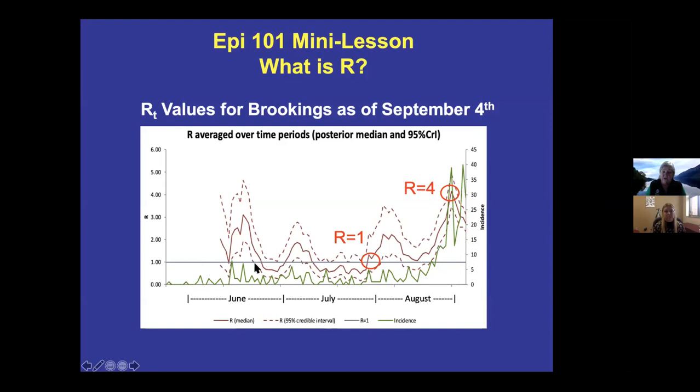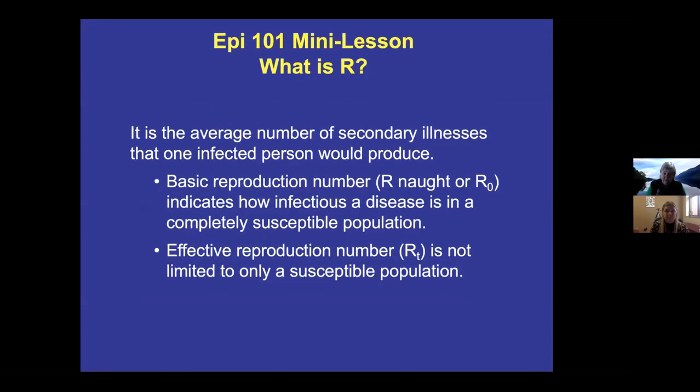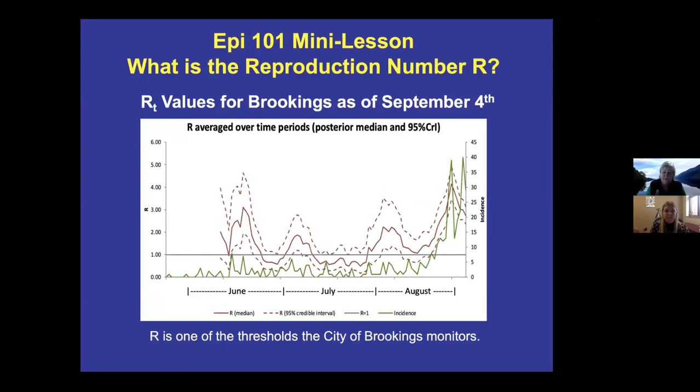The dashed lines are the confidence intervals around that R, because R is estimated from data, and there's variation in data, and that confidence interval gives you some measure of how certain you are about your estimate of the solid line. Then we have the green line, which are the actual number of cases that were observed.